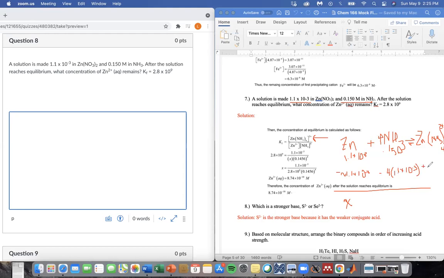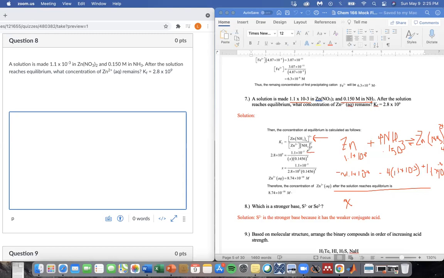And then you would add this 1.1 number to this, and that's where the numerator comes from. Then you plug it into the equation and solve for X, so you would multiply by this 0.14 number, and you could divide the 1.1.